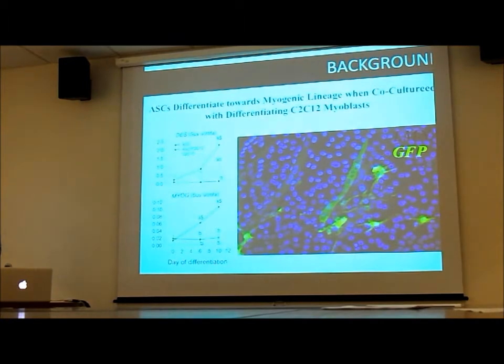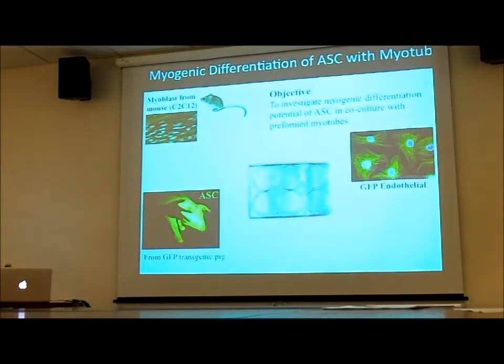So adipose tissues did differentiate toward myogenic lineage, and this is their RT-PCR data. They found that myogenin and desmin, which are muscle-specific markers, were actually expressed higher in the co-culture flask as compared to the control. So I'll come to my project.